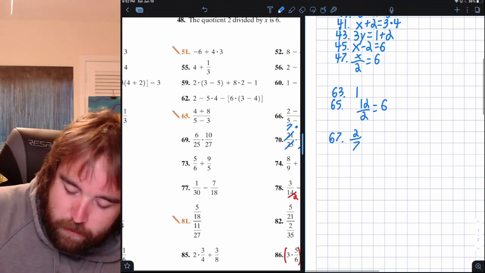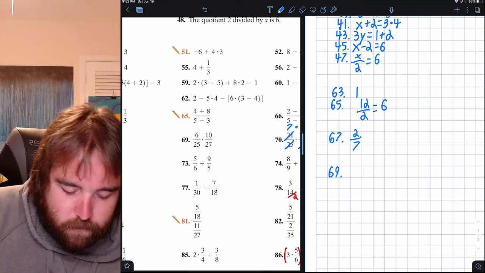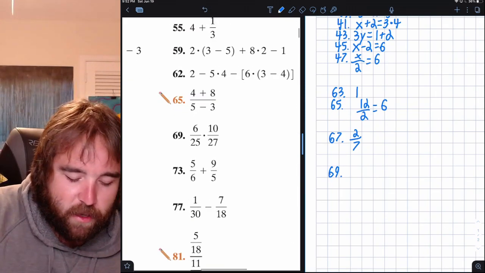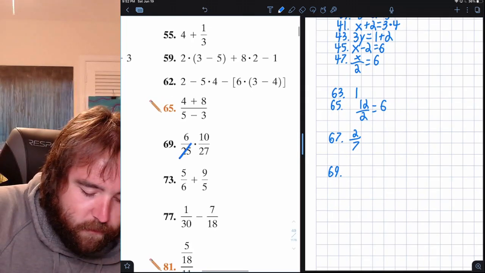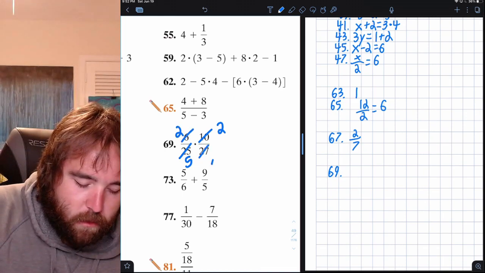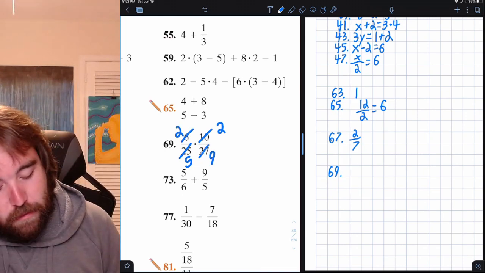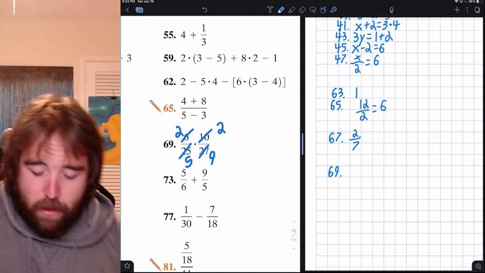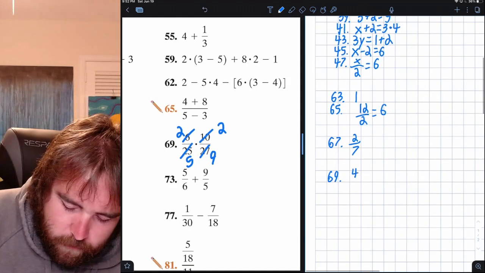Cool. 69. Same, we're going to try to cancel. So we can cancel out a 5 and leave that. We can cancel out a 3 and leave that. And I think that's all we got. So that looks like 4 over 45.